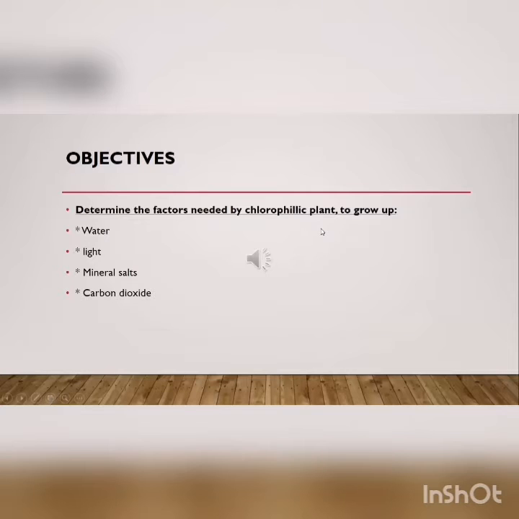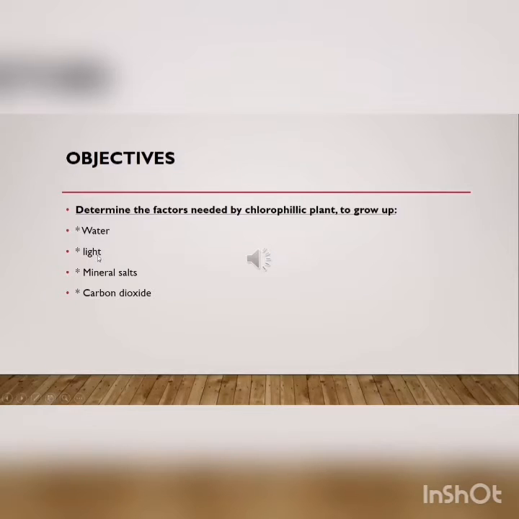These factors are water, light, mineral salts, and carbon dioxide. These four factors are necessary for the growth of chlorophyllic plants, for normal functioning, and for healthy growth of this plant.